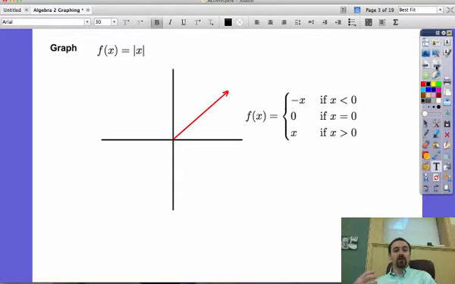Okay, so the first thing I can do is graph the line y equals x. That's all this is. This is the line y equals x. But I'm only graphing it for the positive values of x. So it's like graphing that diagonal line, but I only graph it for positive numbers, numbers to the right of the y-axis. Okay. Then I graph 0.